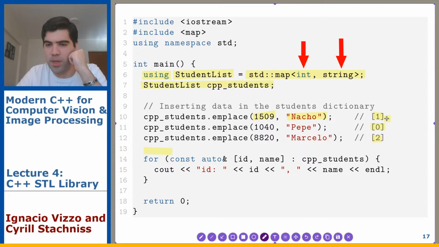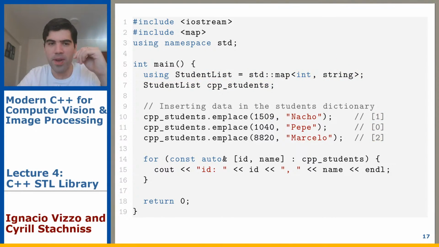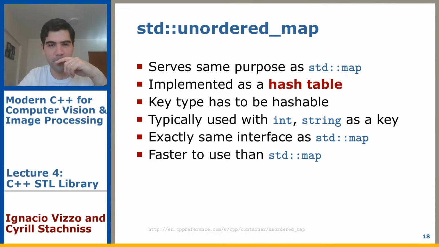So Nacho will be the first one, Pepe will be 0, and Marcelo will be 2, right? So if you print this information, you will see this order of the container because it's being ordered according to the key, right? So keep this in mind. So map is for getting an associative container with order.